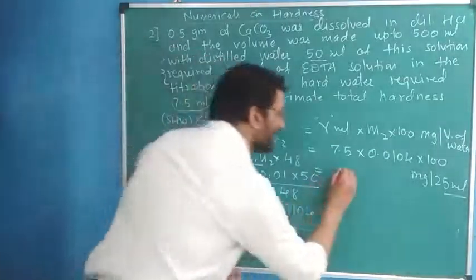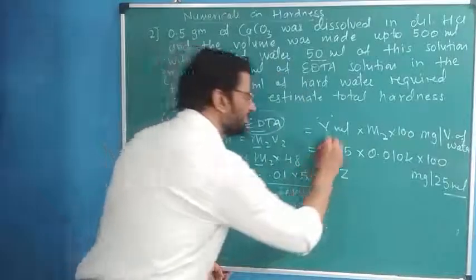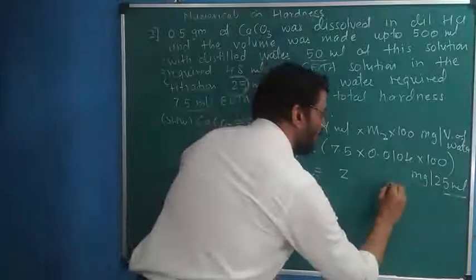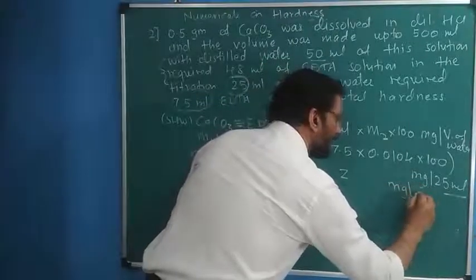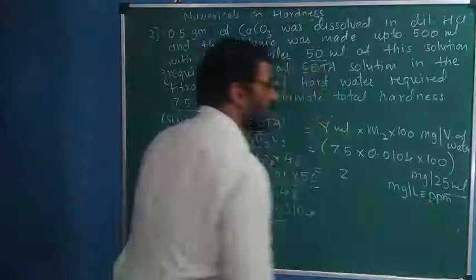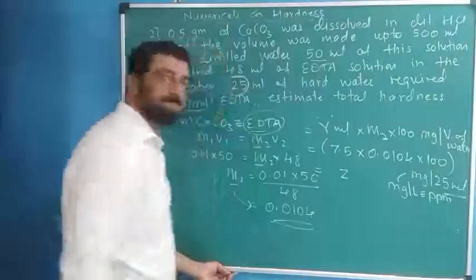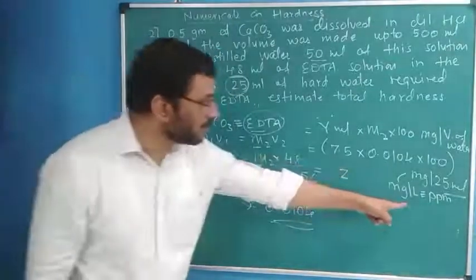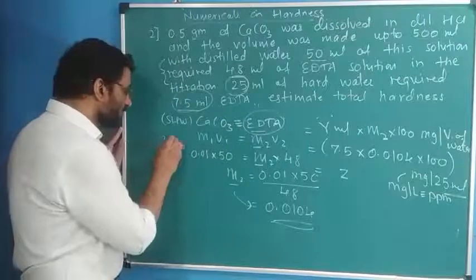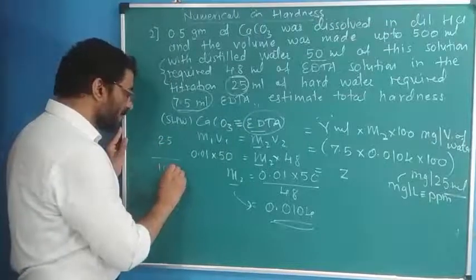Okay, suppose this answer is Z. We want the answer in milligrams per liter, that is called parts per million. So keep milligram as it is, and convert that 25 ml to 1000 ml, that is a liter.